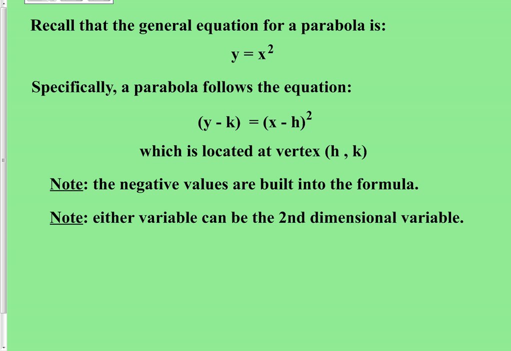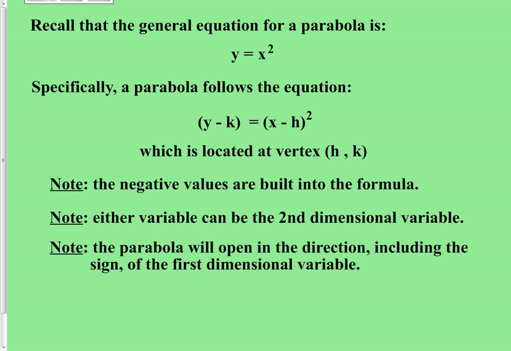Also, please note that either variable can be the second dimensional variable. It's not to say that y is always to the first power and x is always to the second power. It could very much be the other way around. It could have been x minus h to the first power equals y minus k to the second power.